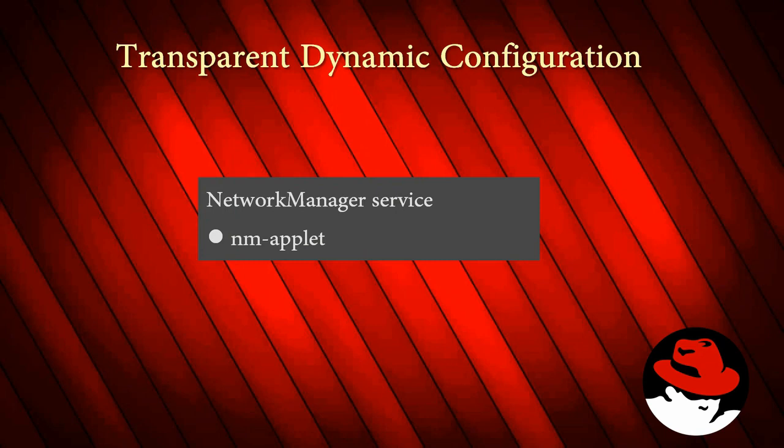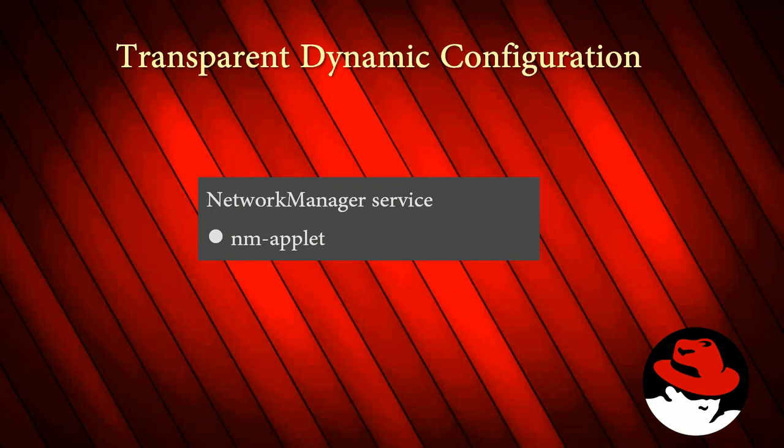The network manager service, coupled with the user space tool, is more fully integrated with configuration of the network. As you disconnect your laptop from the wired connection in your cube or on the way to the conference room, the network manager service transparently switches you from your wired configuration over to your wireless adapter.